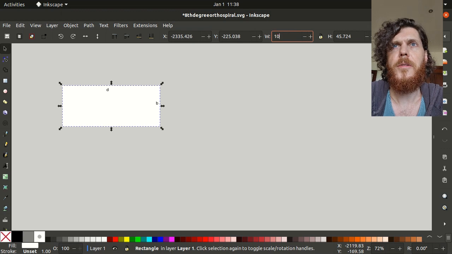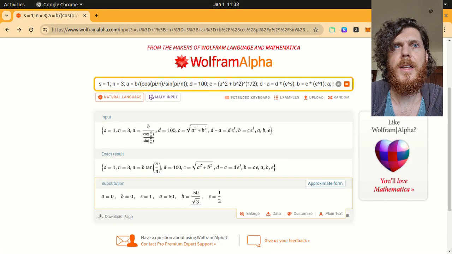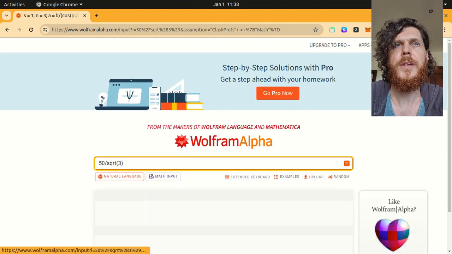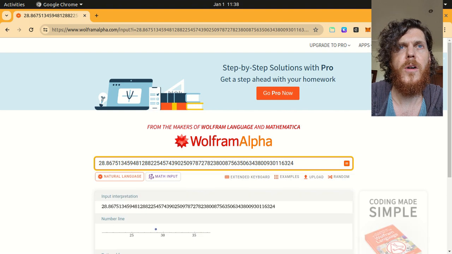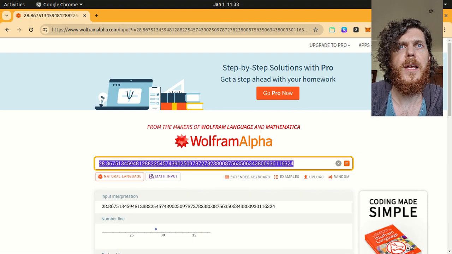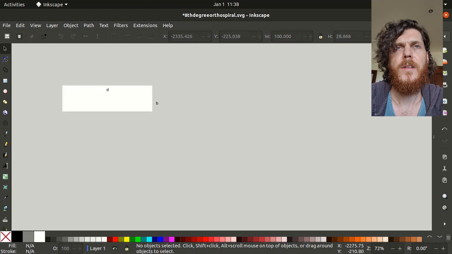So let's change the width there to 100. And the height is 50 divided by square root of 3, which is this number, 28.867. So let's change the height to that. Great.